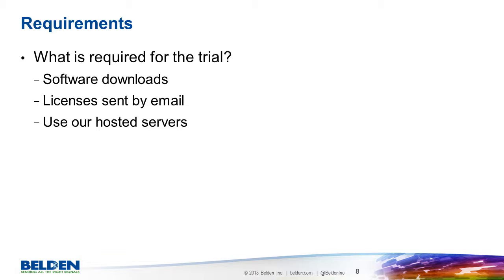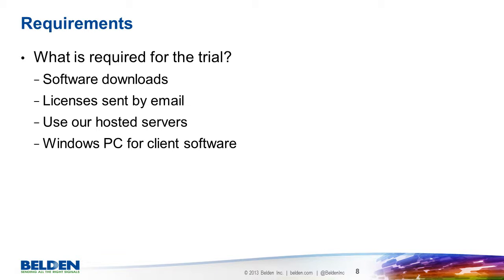This has the advantage that you do not need to configure the server. If you decide to buy the system, you will have the option to use our live internet servers. Alternatively, you can choose to host your own server. In this case, the server would be installed and maintained by you. This second option may better suit your corporate IT policy.